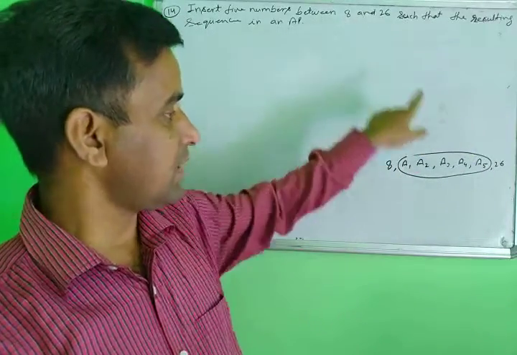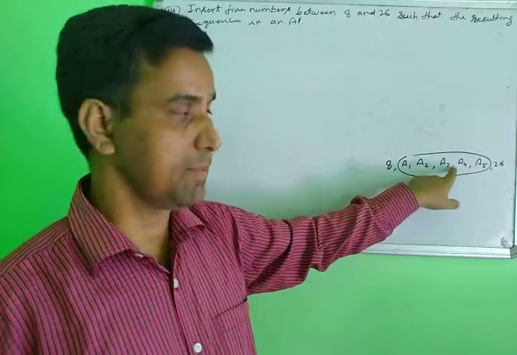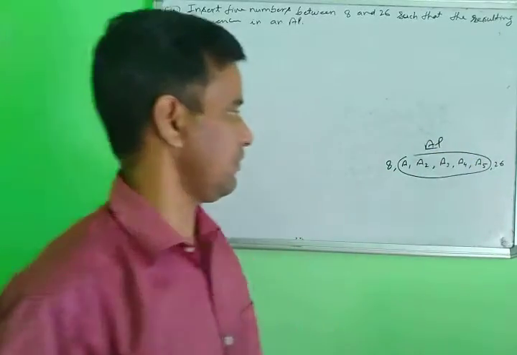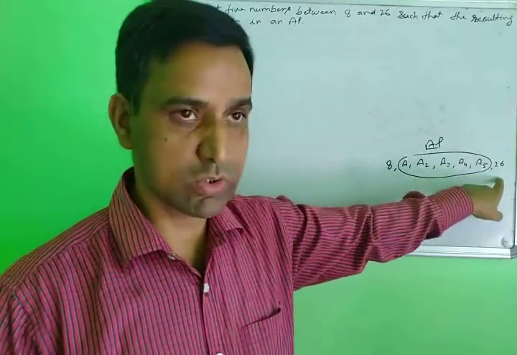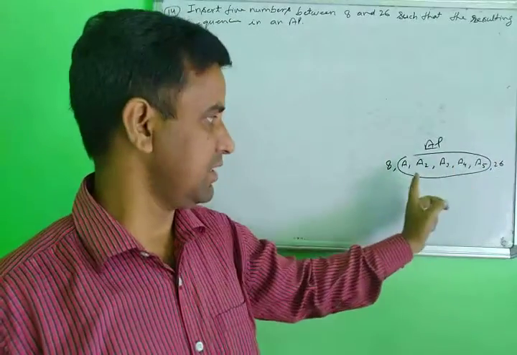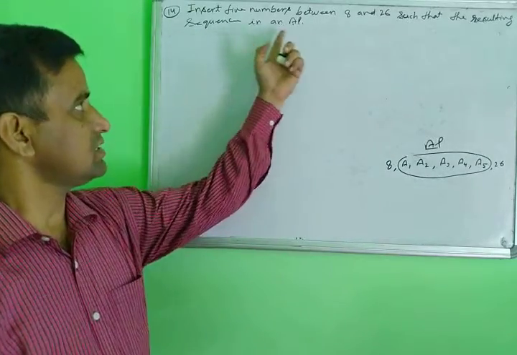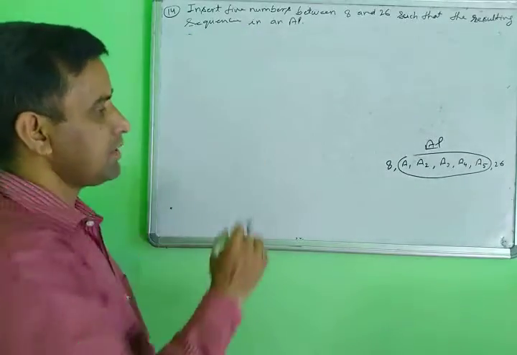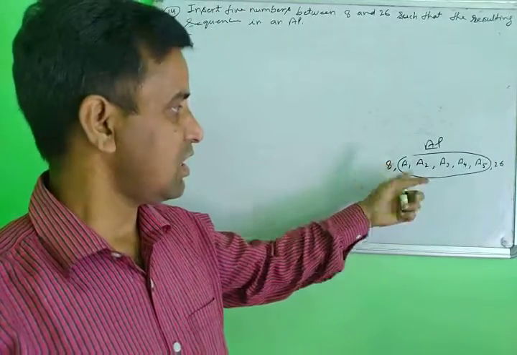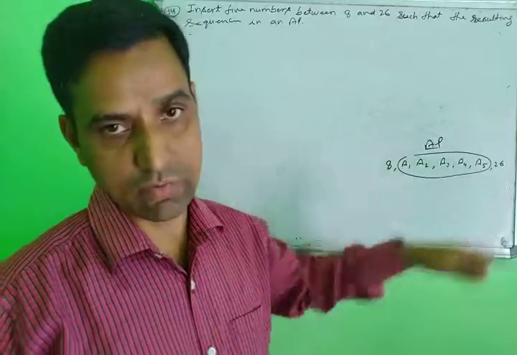But these numbers will come in AP form. 8 and 26 are also in the AP, and these 5 numbers are also in the AP. The whole sequence is an AP. This is what is given in the question. You will find A1, A2, A3, A4 and A5.